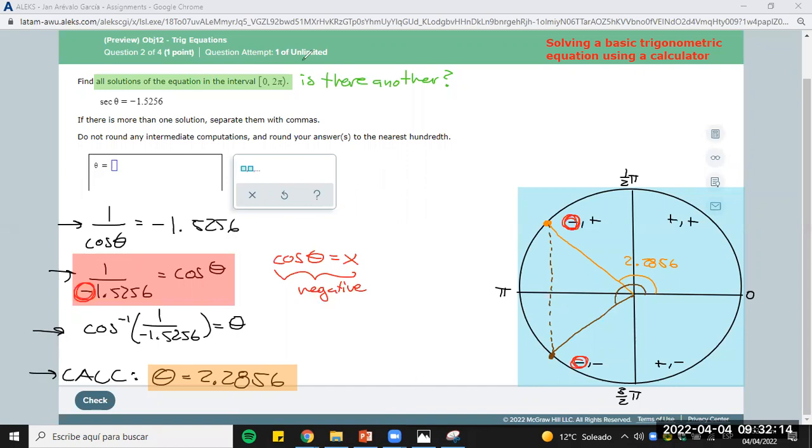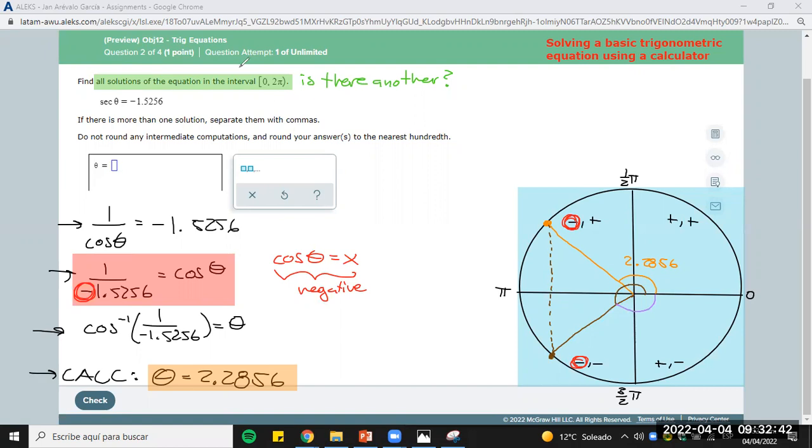And for finding that angle, let us notice that this angle, the brown angle that I just drew here, is the same as 2 pi minus 2.2856.